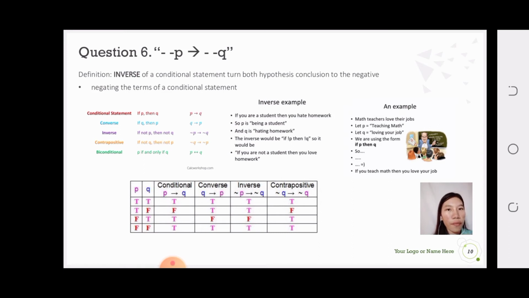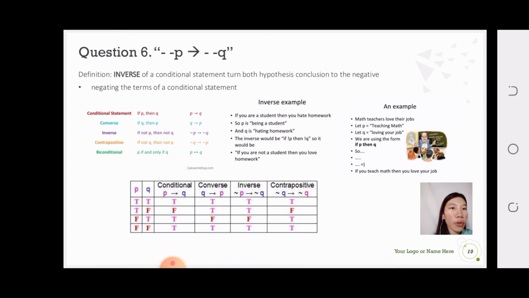And the converse, if Q then P, is just flipped: in the conditional statement P comes first, while in the converse Q comes first. And in the inverse, if not P then not Q. Then the contrapositive and then the biconditional. So, my example: if you are a student, then you hate homework. Then, being a student here is the P.